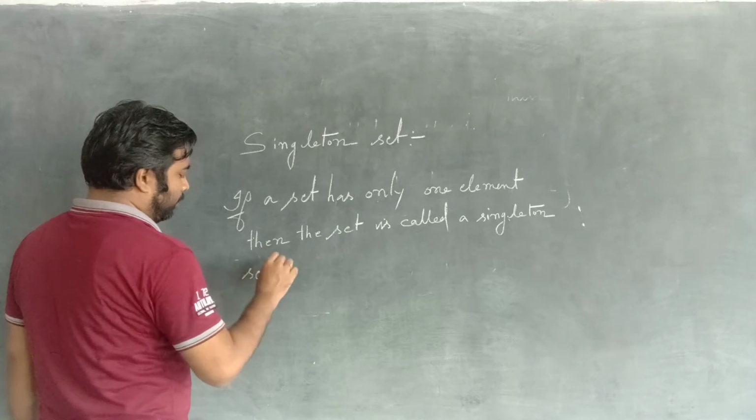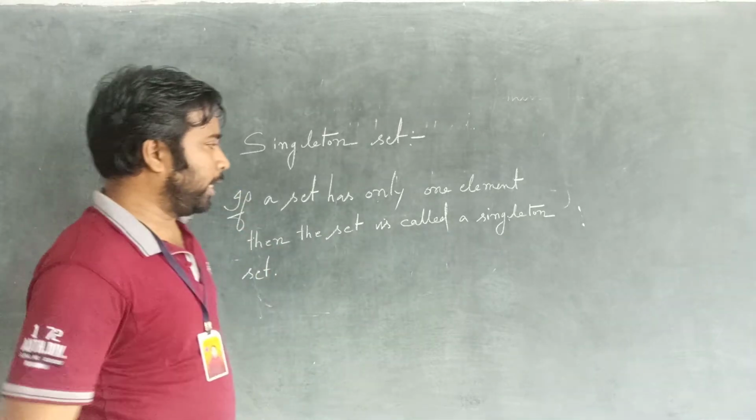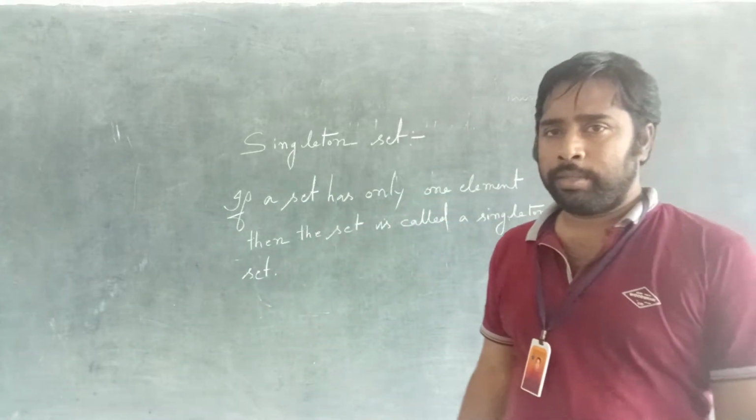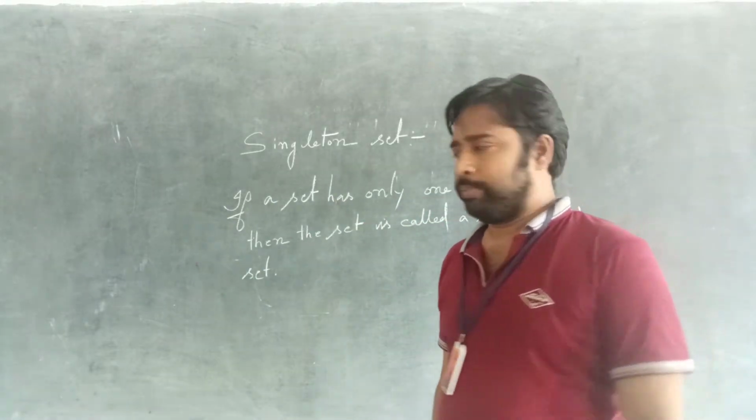So this is a definition. If a set has only one element, then the set is said to be a singleton set. Okay, so this is a simple definition.